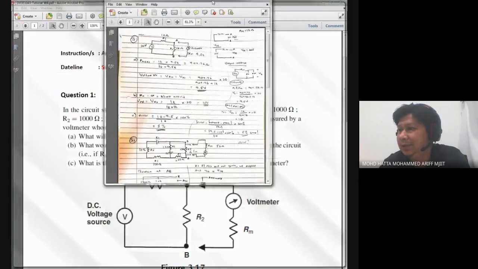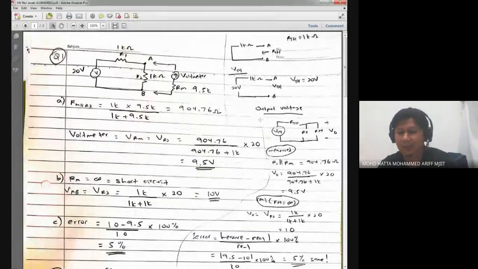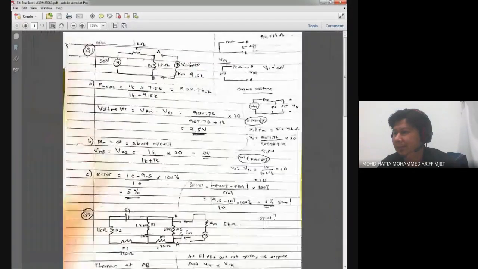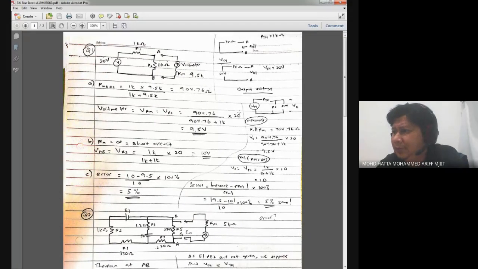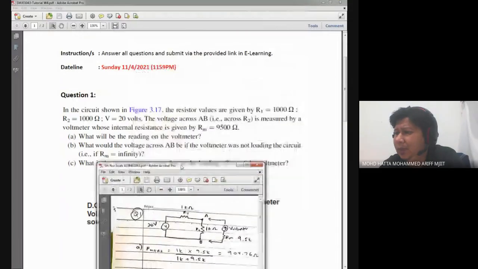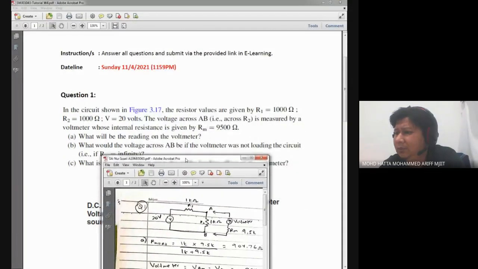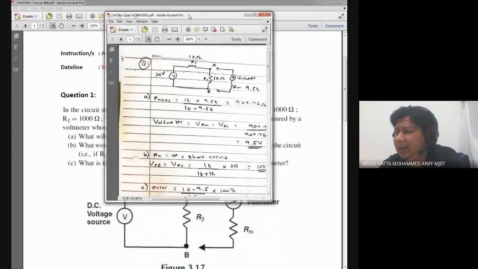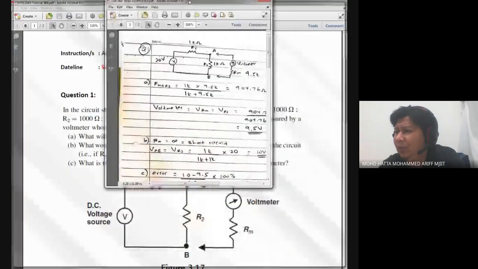If we have a look at Nur Izzati's answer, for the first question, here we would like to examine the reading of the voltmeter.